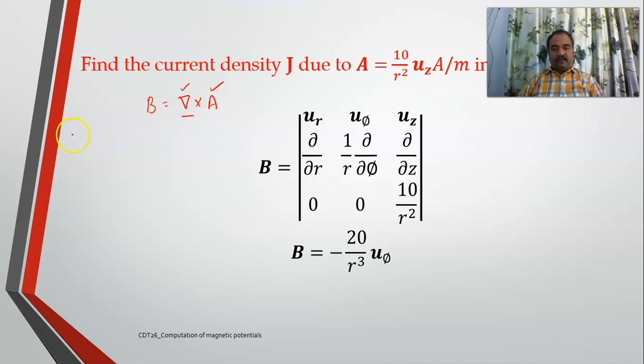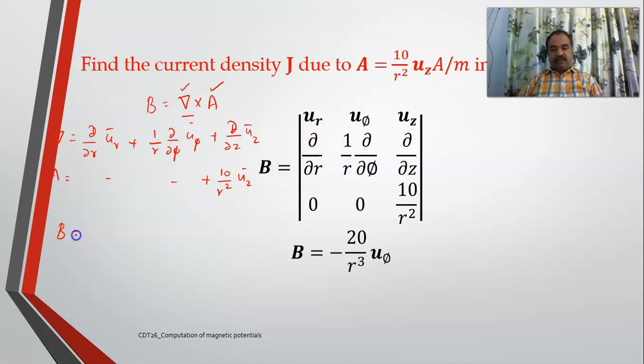It is dou by dou r of u r plus 1 by r dou by dou phi of u phi plus dou by dou z of u z. This is the del operator, and this is the A vector. You don't have any components here. You do have only one component, and it is 10 by r square u z. So this is the way how we perform the operations.